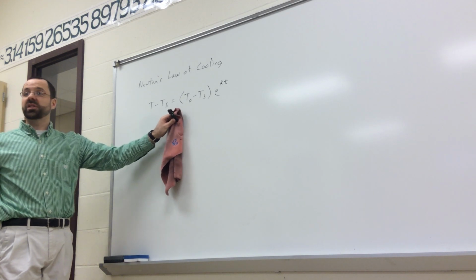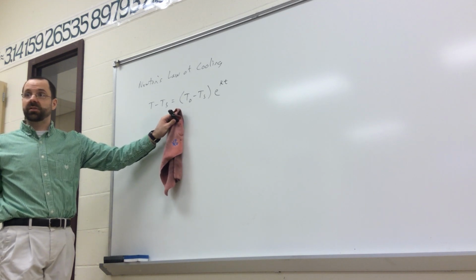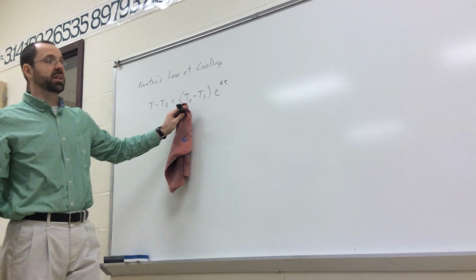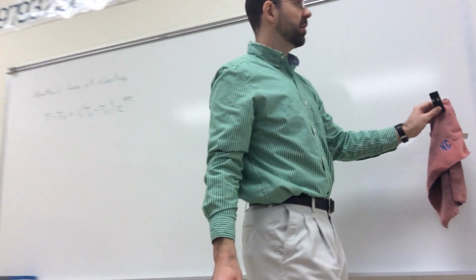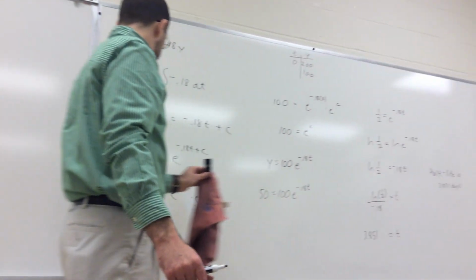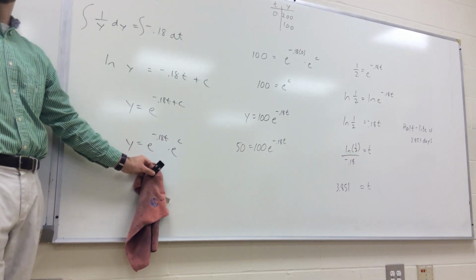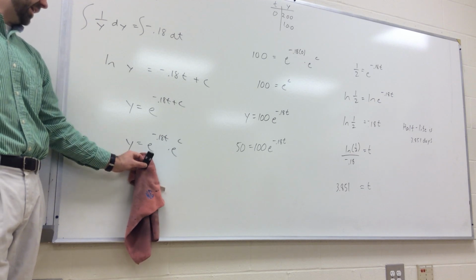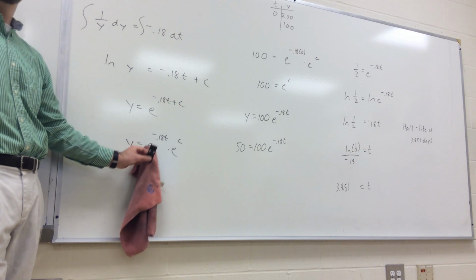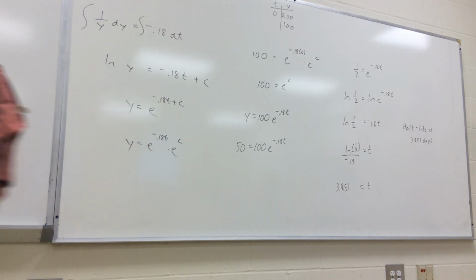So if you look at this, you can see why it's in this section, because it looks kind of like this formula, right? Not exactly the same, but it's similar. It's got an e to the kt, basically.